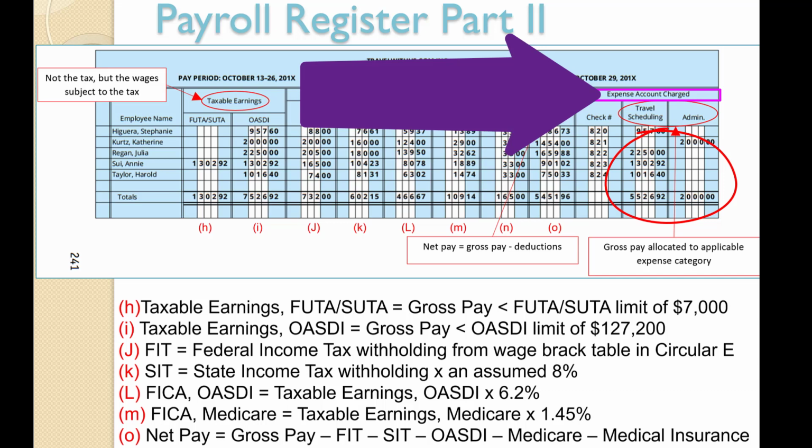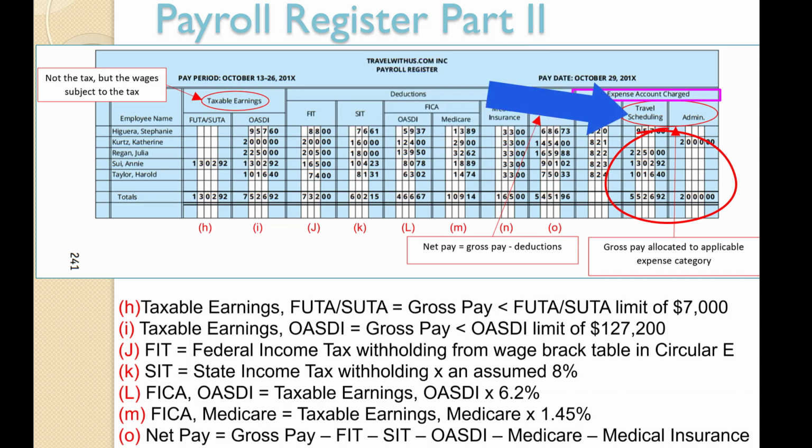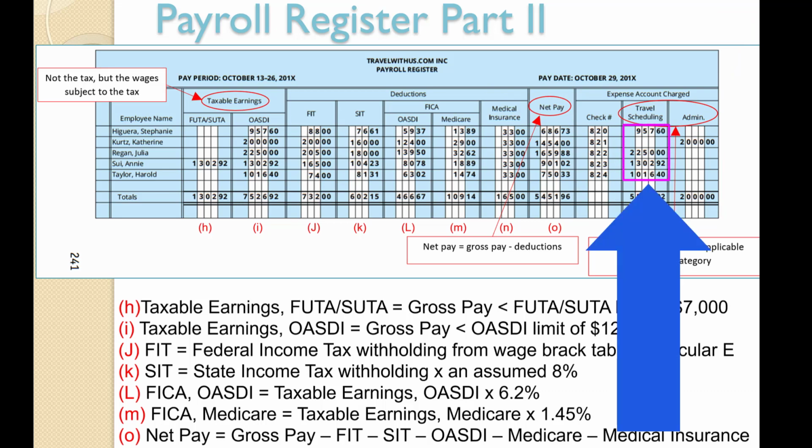This company has 2 departments: travel scheduling and administration. When you are in charge of a department, such as travel scheduling, you are given a budget, like maybe $100,000 for a year, and your goal is to not spend more than $100,000 during that year. Things that you are spending your money on include the gross wages of your employees.